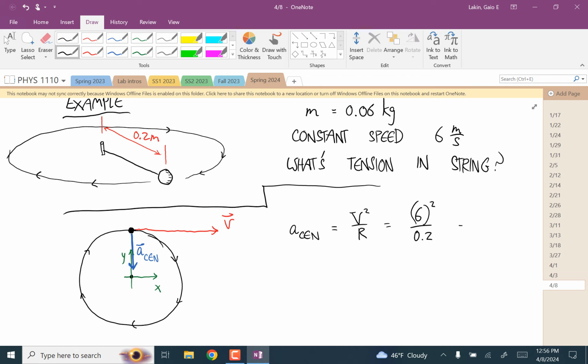And that comes out to 180 meters per second squared. From the picture, you can tell that's in the negative y direction. So the centripetal acceleration vector is (0, -180).